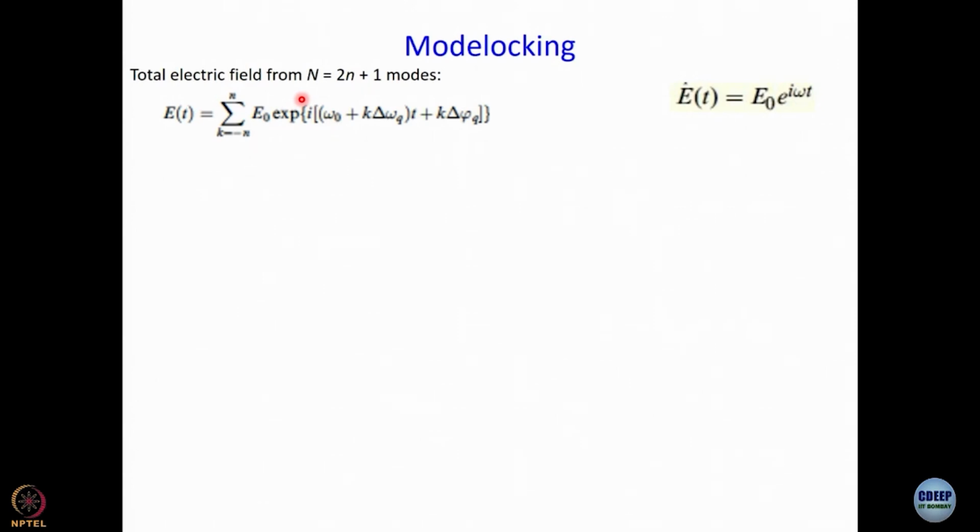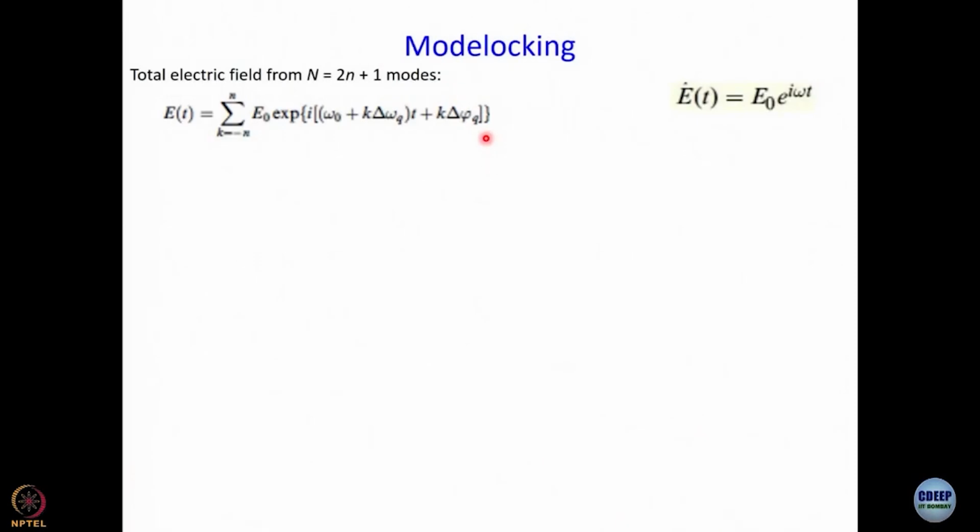What is the expression? C by 2L, it is going to be handy, do not forget that, that is very important. C by 2L, which is the inverse of round trip time, right. So, what is delta omega going to be? You know delta nu is C by 2L, what will delta omega be? That factor of 2 pi will come, right, we are going to use this. So, do not get confused.